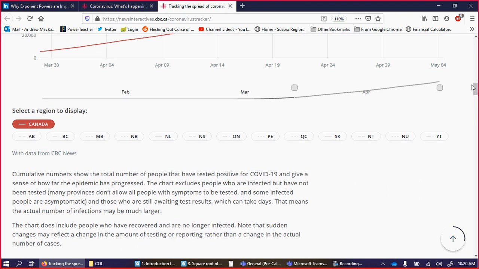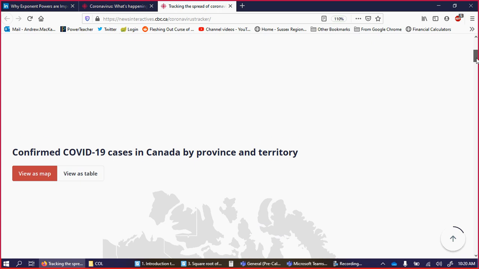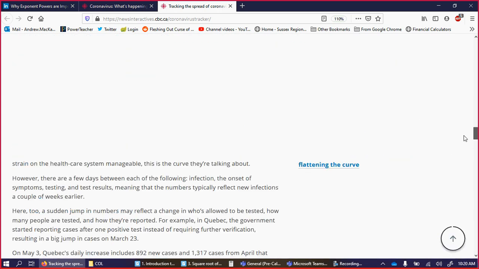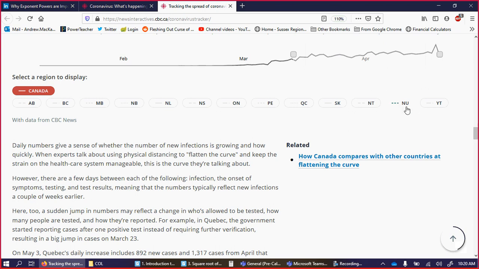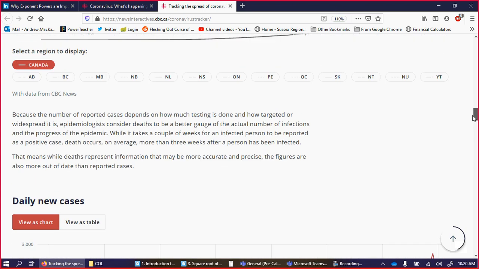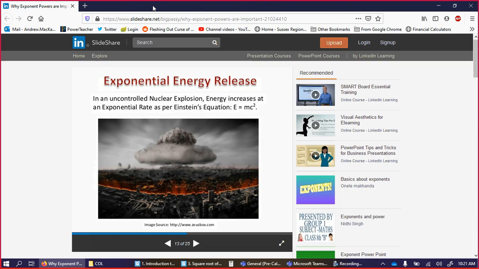Cumulative cases. This is still a fairly linear scale. When you get to some of the worldwide ones, which I'll have to find, Johns Hopkins in the States has some, I'll find some and go through them.